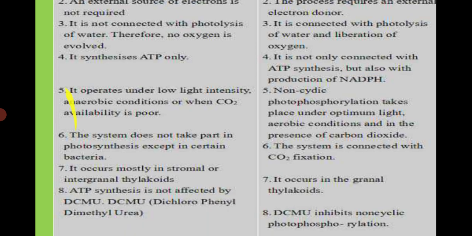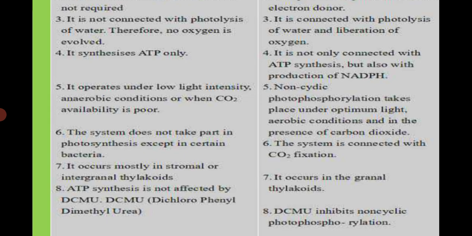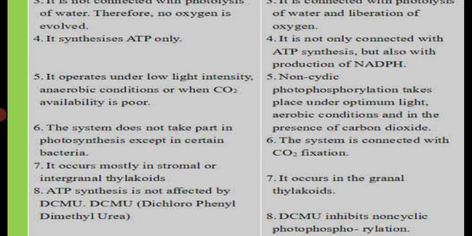Cyclic photophosphorylation operates under low light intensity, at an anaerobic condition, or when CO2 availability is poor. Non-cyclic photophosphorylation takes place under optimum light at aerobic condition and in the presence of a high amount of carbon dioxide.